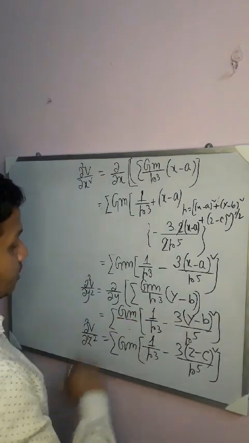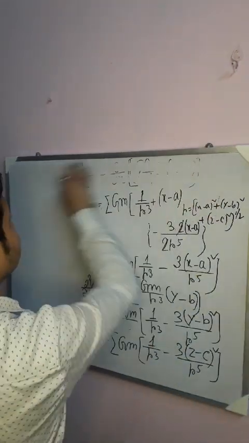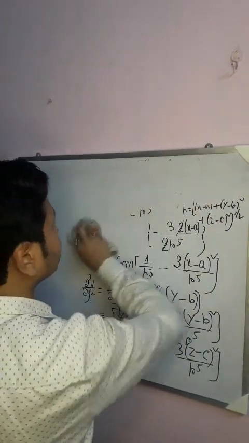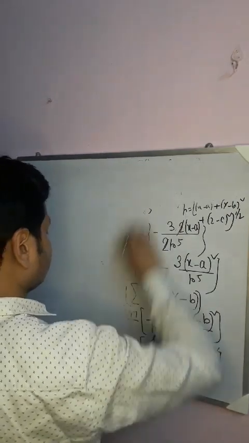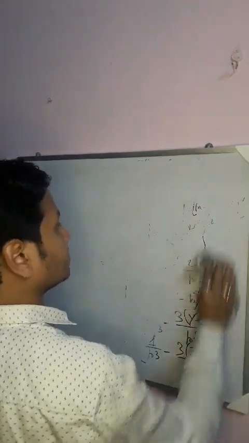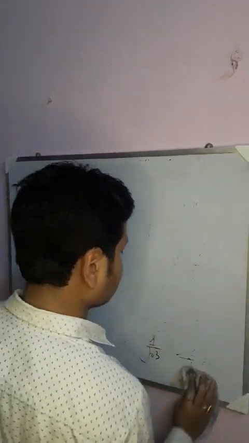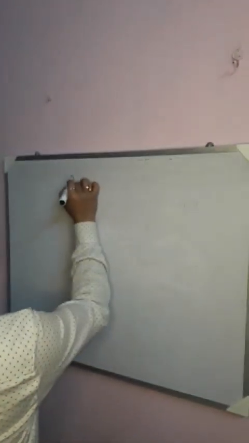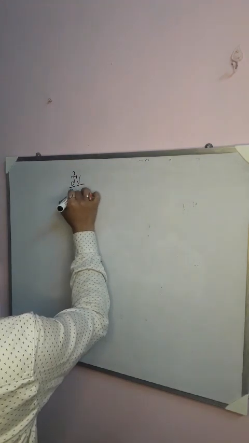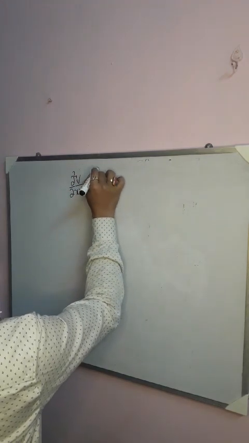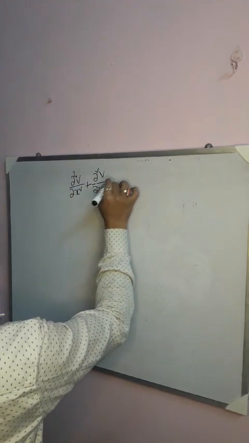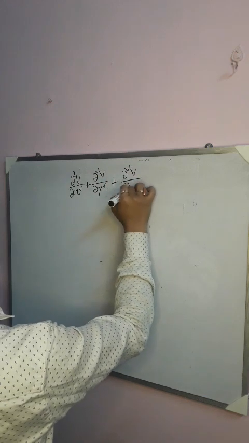Now if we add these three terms, what we get? This is nothing but simple mathematical calculation. Okay, just you do differentiation. So if you add this, then what you get?